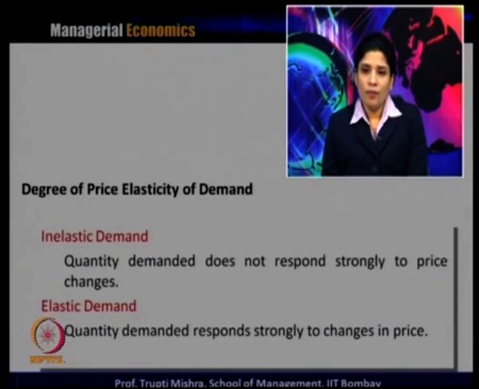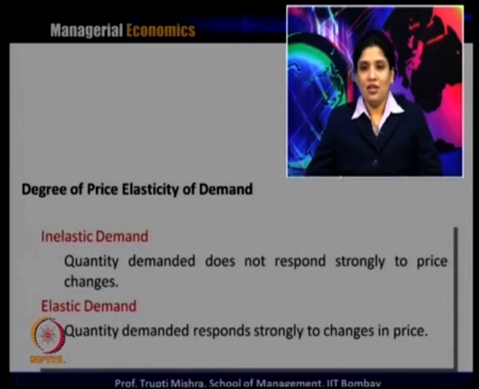So if you are going to a shop and there is an increase in the price, you always look for the alternates. Even if there is a small change in the price, maybe it is 5%, maybe it is 10%, you still look for the alternates available and you move your buying behavior from that product to the other product. That is the reason when the number of substitutes is more, the demand is more elastic in the market.